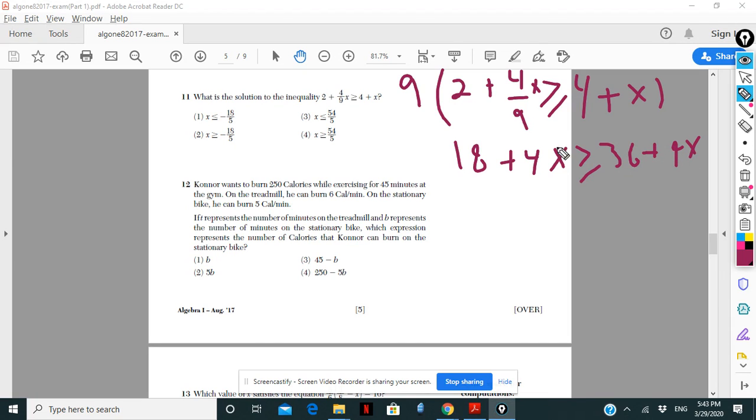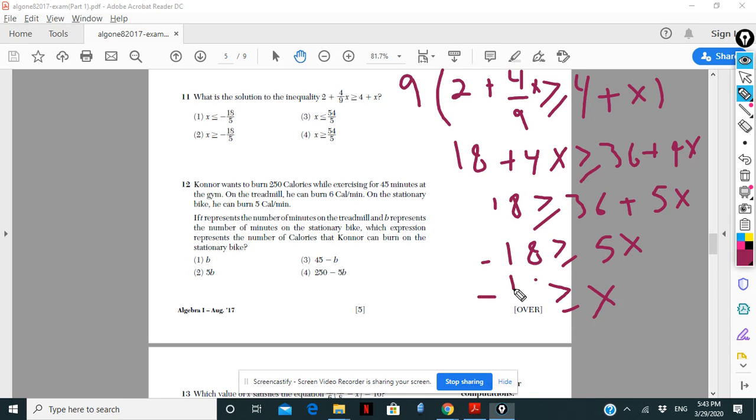Minus 4x from both sides, so I get 18 is more than or equal to 36 plus 5x. Minus 36 from both sides, so negative 18 is more than or equal to 5x. I divide both sides by 5, so x is less than or equal to negative 18 over 5.